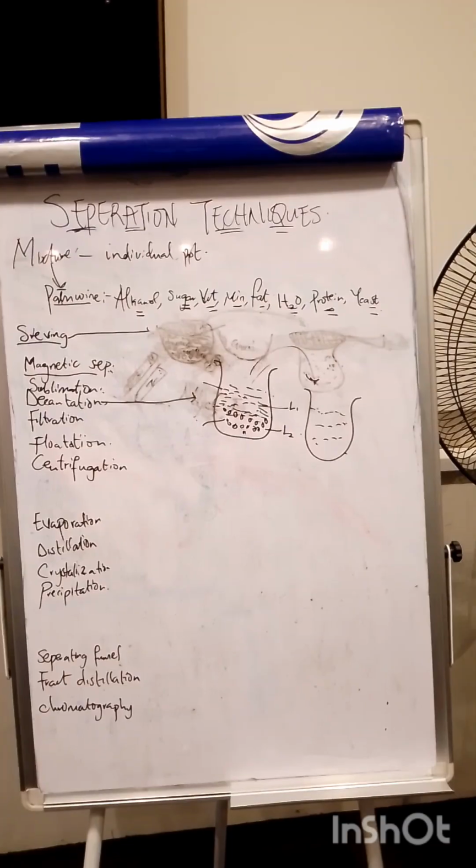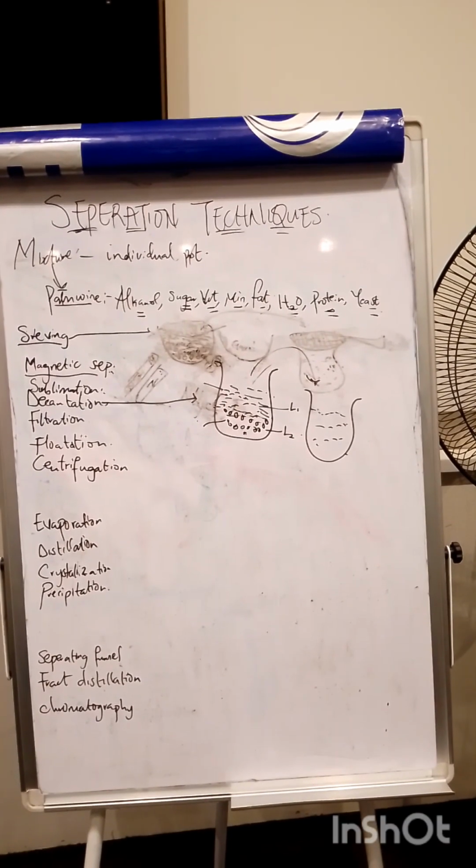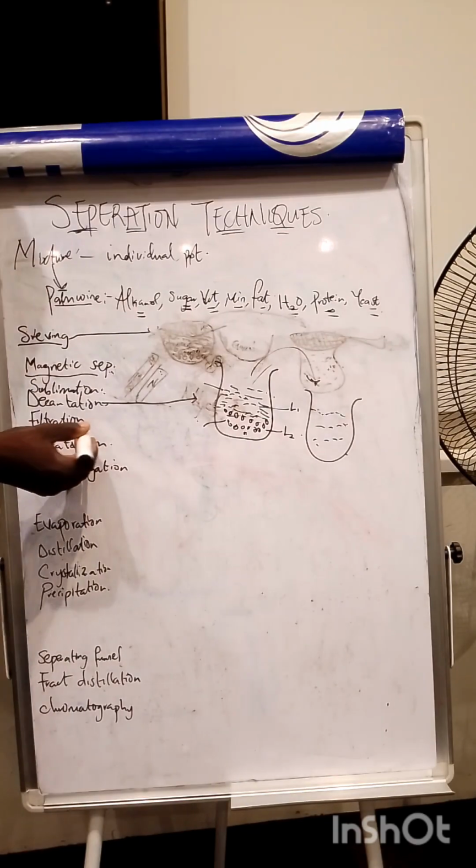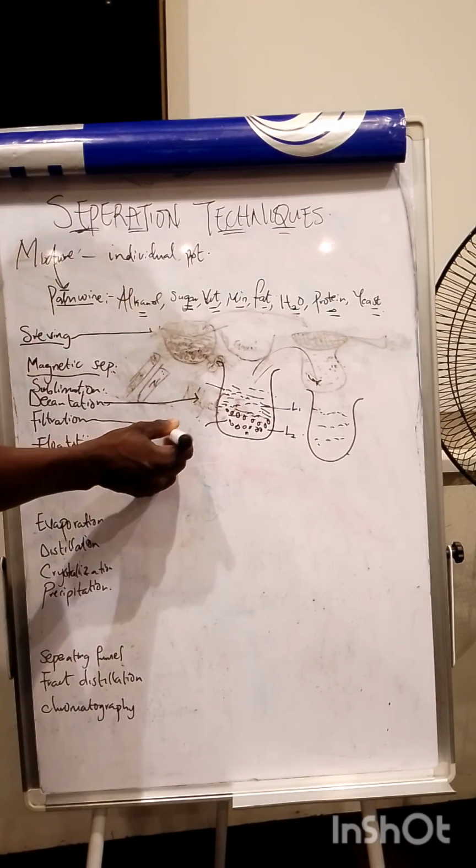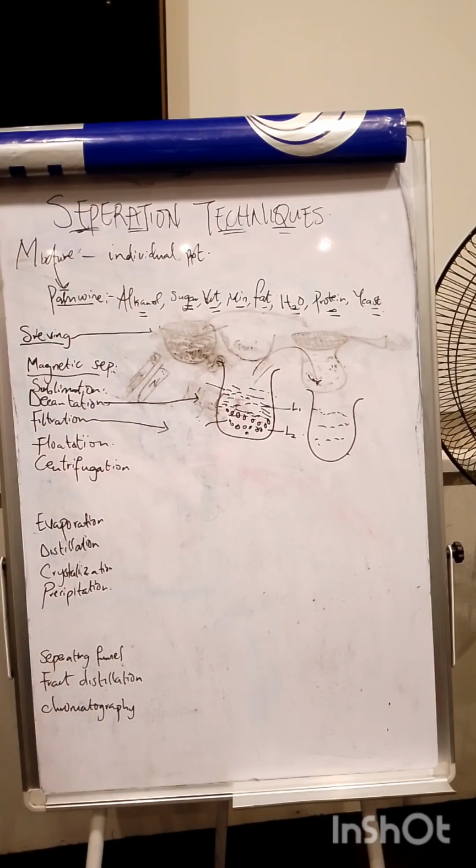Filtration works on the principle of a porous material. This porous material is something like a filter paper that can separate insoluble particles from a liquid.